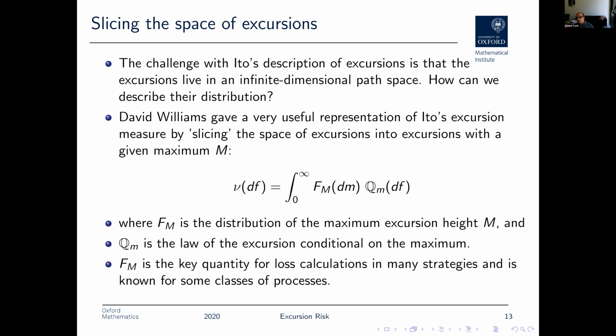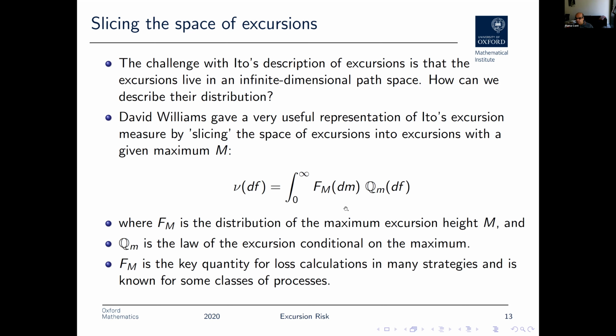A more useful representation for our purpose is a description given by David Williams in the 90s. He did the opposite. He said, well, I'm going to be interested in the maximum height of an excursion. If I call the maximum of an excursion capital M, this is a random variable. Let F_M be the distribution of the maximum excursion height M. He said, I'm going to first work out the distribution of the maximum excursion height. In the case of Brownian motion, this is explicit, or you can work it out in some cases of other diffusions.